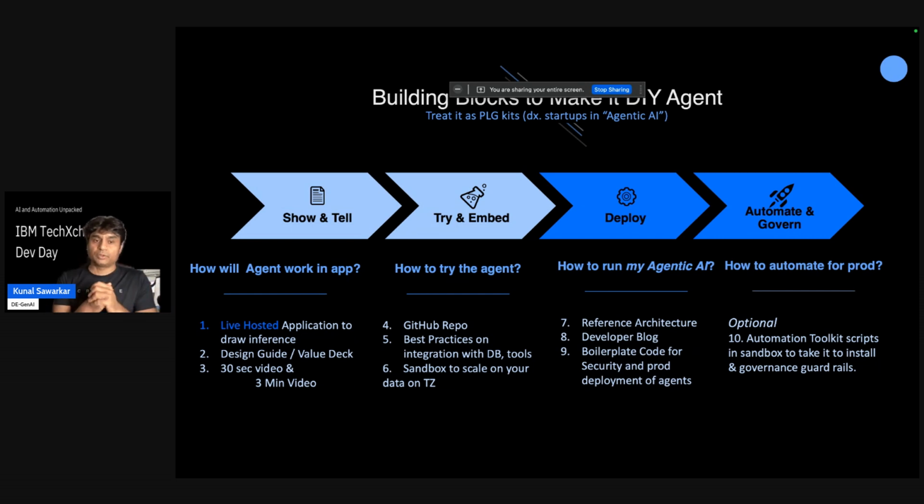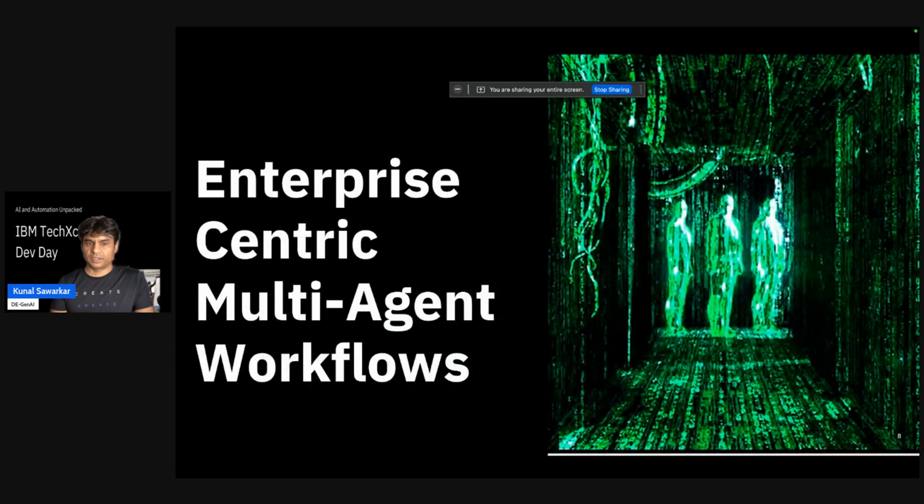It may be very good to do 90%, and that is where we are also allowing you to tweak and modify the agent to suit your own application. And in order to do that, it comes with all the tooling that the developer requires. It has a live and hosted application to draw the inference, a design deck, a 30-second developer video, a GitHub repo, and the reference architecture to build it up.